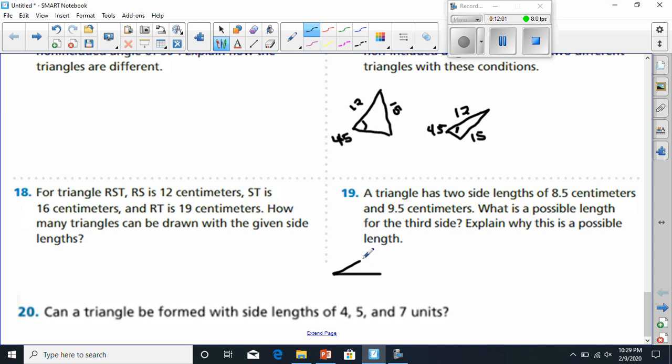So I need to make sure it's going to be big enough. So this might be 8.5. This could be 9.5. We're trying to figure out something over here. We could put like 2.5 if we want. And that way I know that 8.5 and 2.5 will make 11, and that's bigger than 9.5. All right? So that's why I would do it.